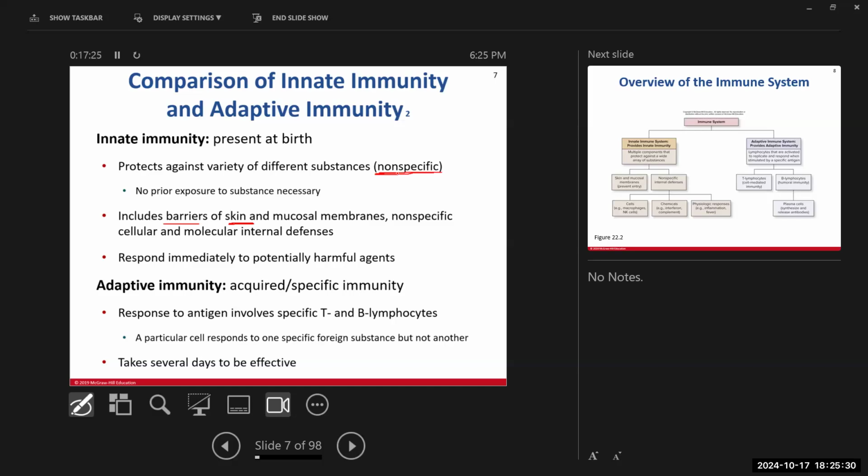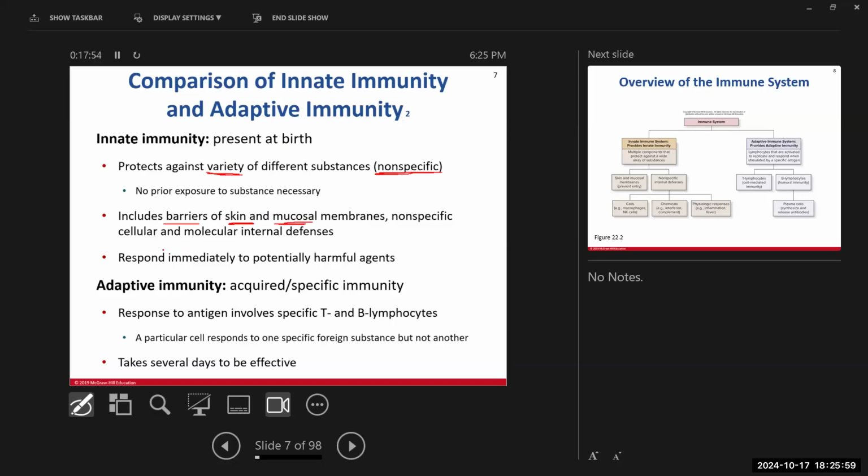It's very non-specific because it experiences a variety of different stresses and challenges, but it has one job: be a barrier, like the walls of your house. Keep out intruders. Your skin should keep out everything. And then we'll also see that with our mucosal membranes. And then we'll talk about the different types of cells that are involved.